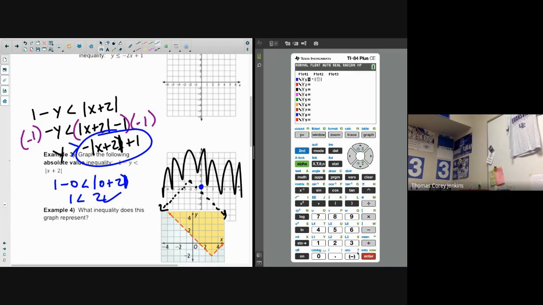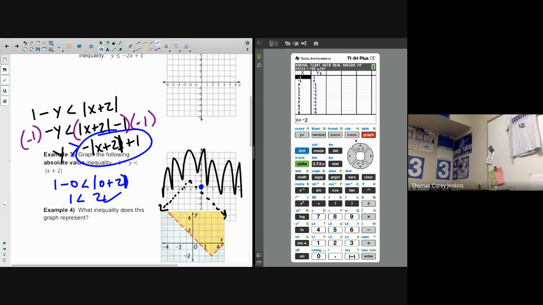So absolute value of x plus 2, and then arrow out, and then add the +1 on the end. And then you can look at your graph, and you can see that it is kind of what we had right there. Okay, and remember, if you can't tell by looking at the graph, you can always go to the table by hitting second graph and get those ordered pairs.